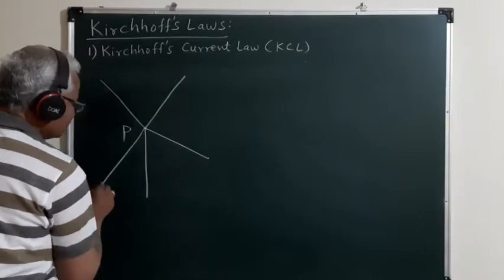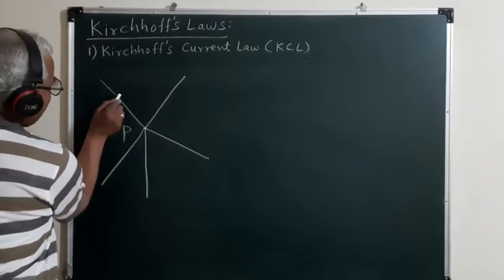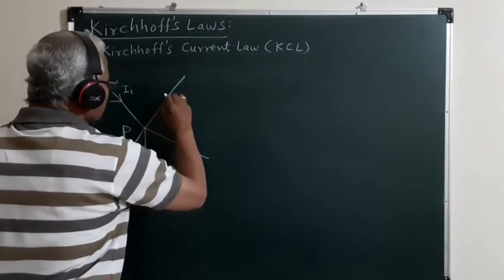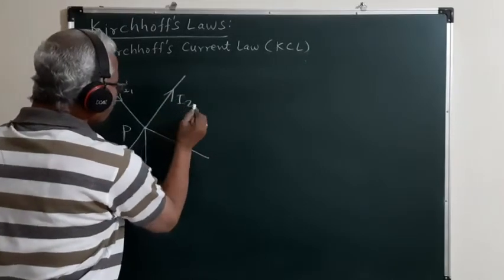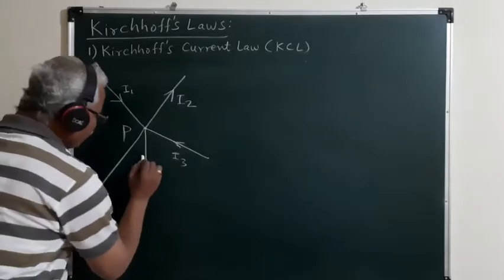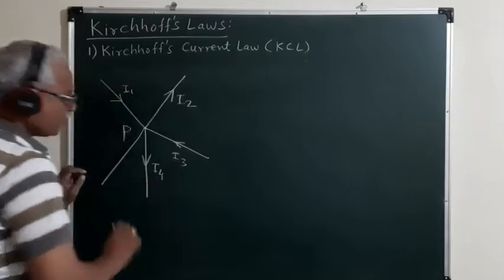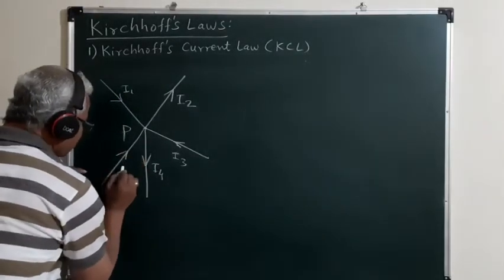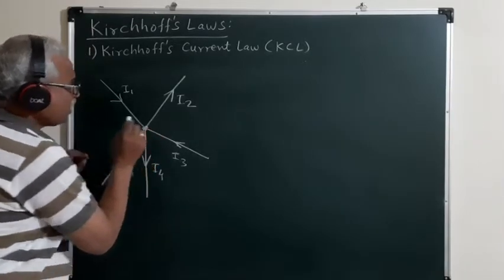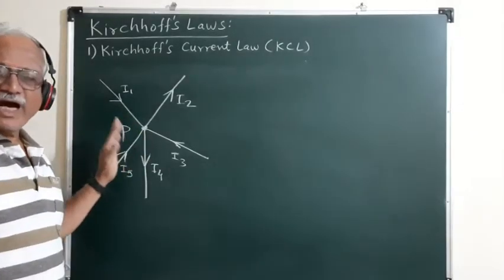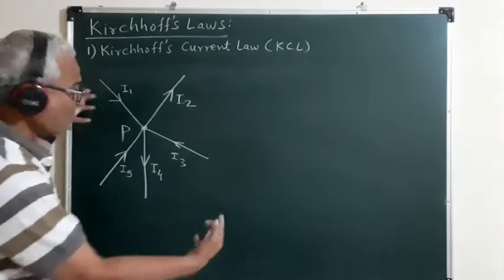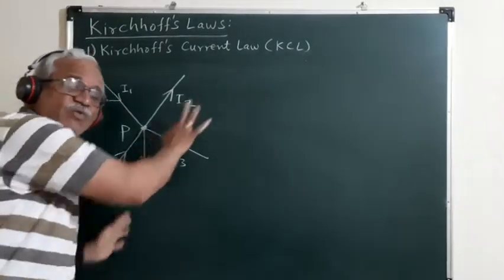Suppose the first branch carries the current I1 towards the junction P. The second branch carries the current I2 away from the junction P. The third branch carries the current I3 towards the junction P. The fourth branch carries the current I4 away from the junction P, and the fifth branch carries the current I5 towards the junction P. So at this point P, five different branches of the network are arriving, and through these branches different currents are flowing such that some of the currents are approaching the junction P and some are leaving away from the junction P.